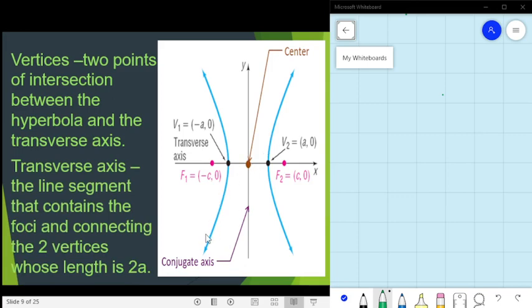So again, the transverse axis is the line segment that contains the foci and connects the two vertices whose length is 2A.